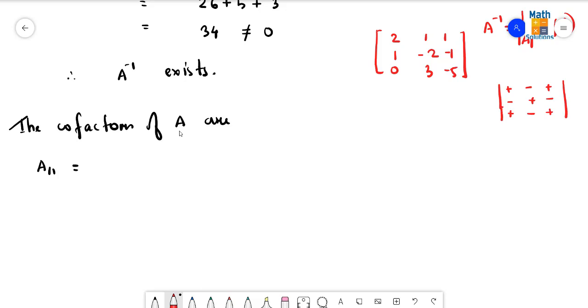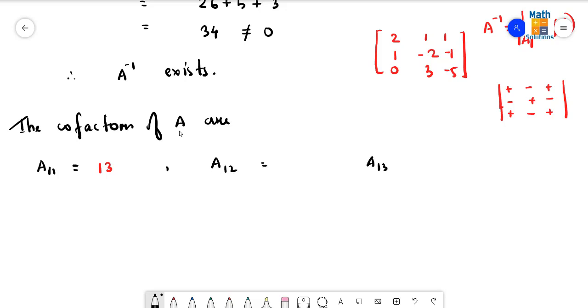So this is the sign convention to be followed here. So I am going to write the cofactors as, first one it will be 13. It is 13. After that, let me first list this 1, 2.